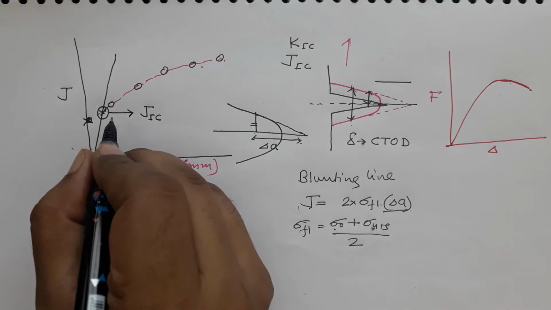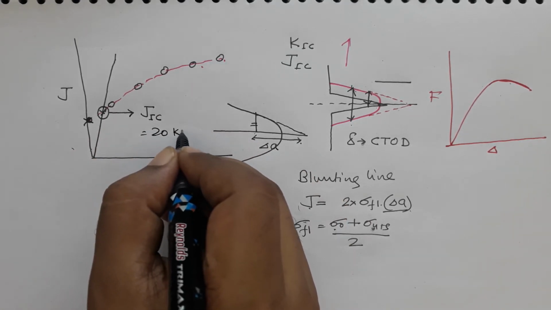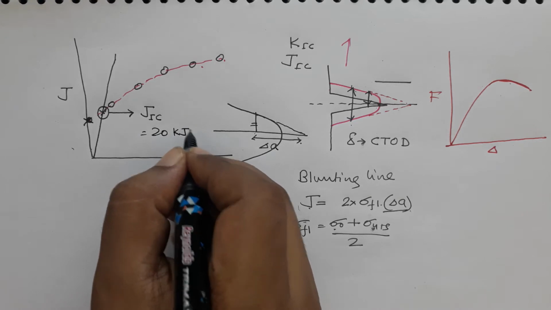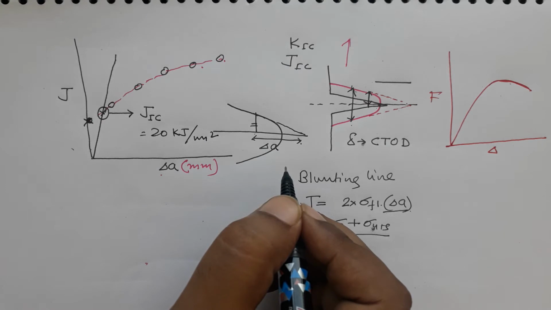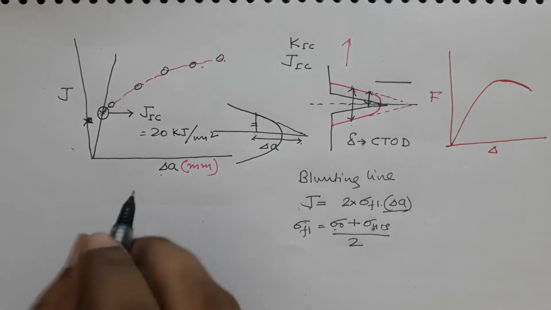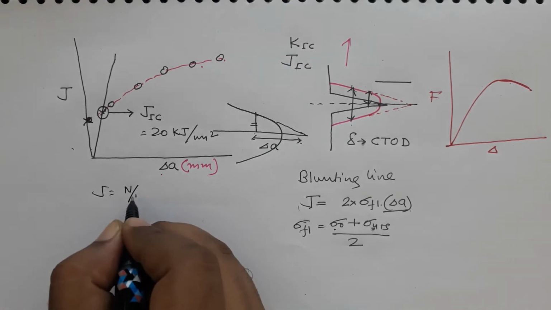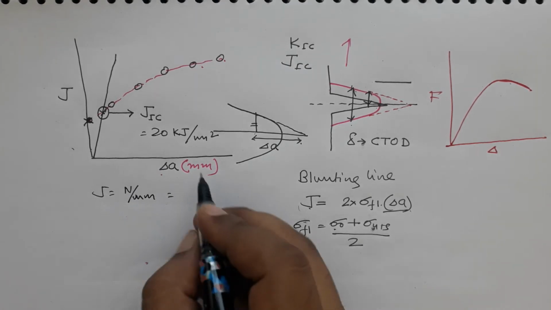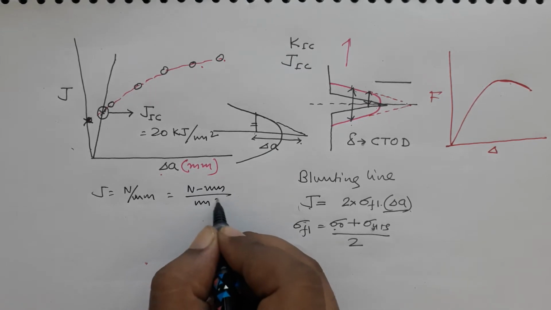If you cross this value, let us say this value is 20 kilojoules per millimeter square. So, the unit of J usually is Newton per meter or millimeter. So, if I have to change it in joules, it will be Newton millimeter divided by millimeter square.